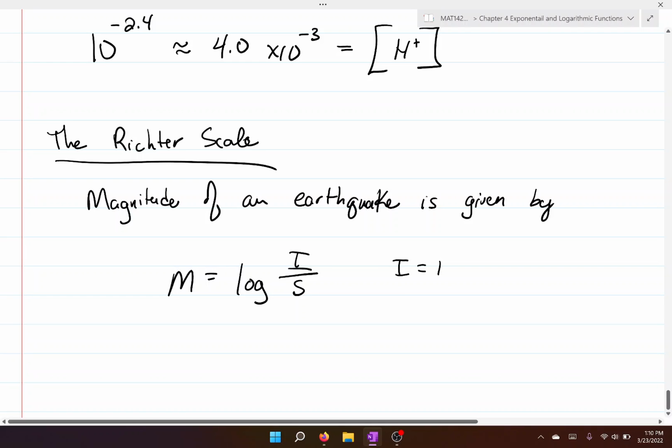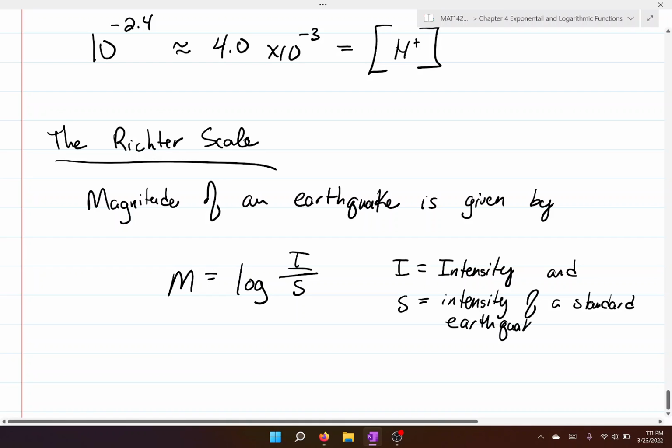I is equal to the intensity, and S is equal to the intensity of a standard earthquake.